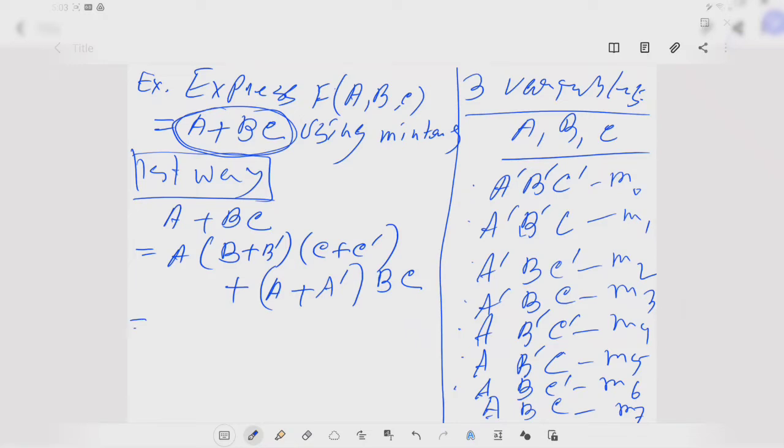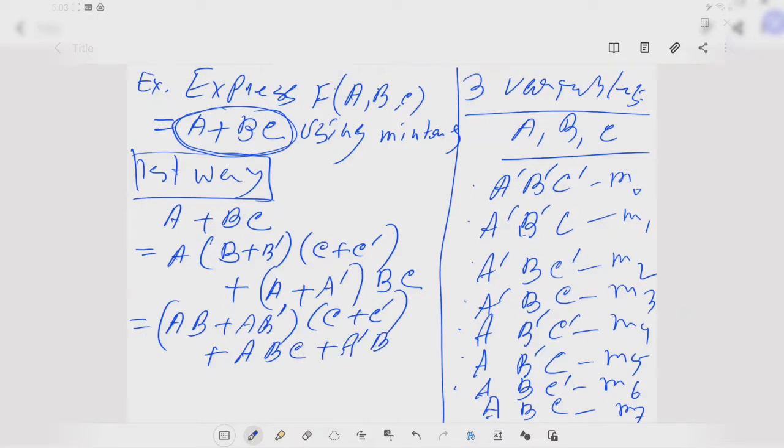Now we apply the distributive principle. Then we get a b plus a b prime, and we still have c plus c prime, plus a b c plus a prime b c.